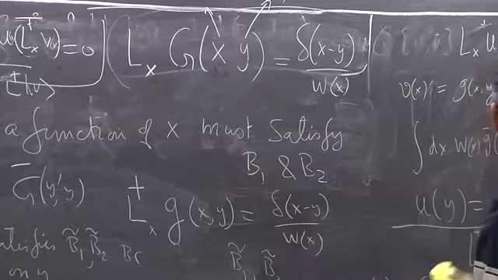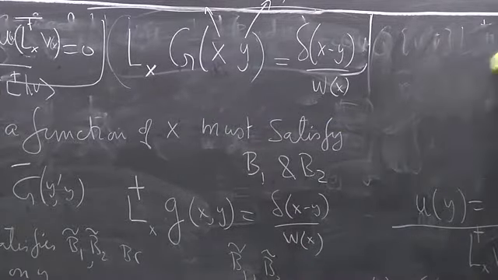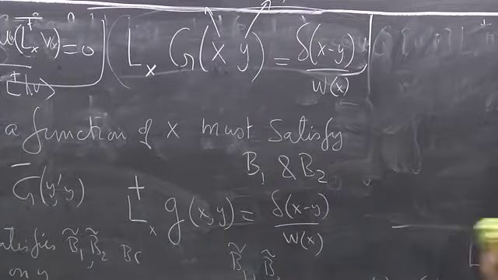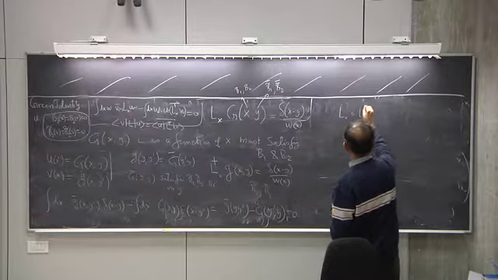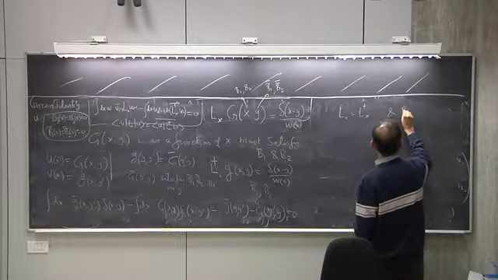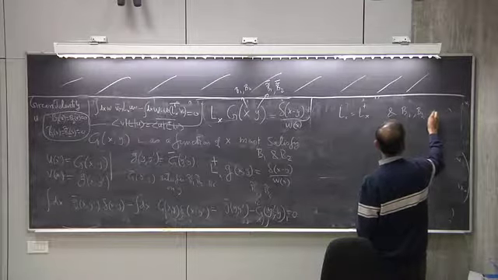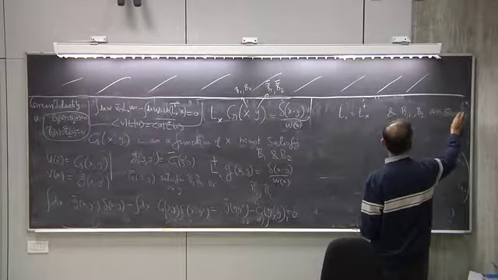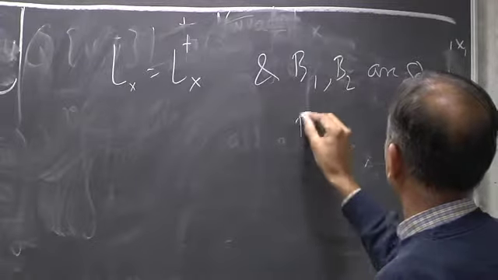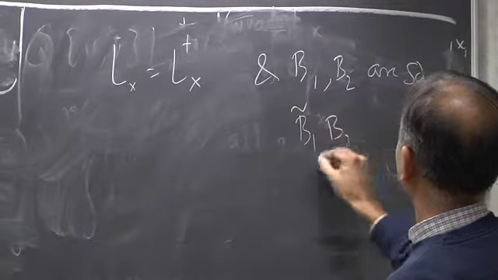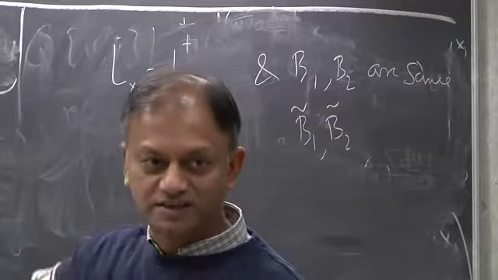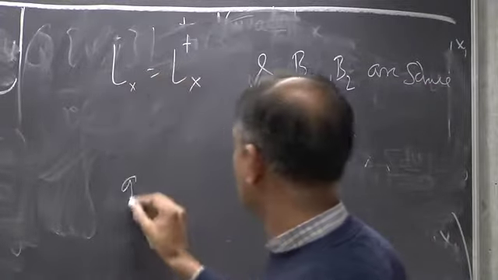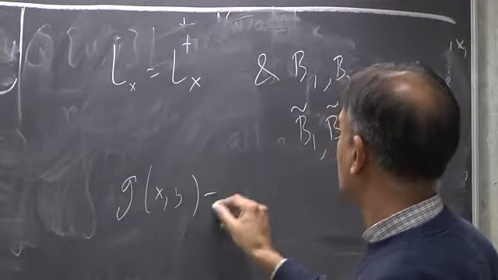For the Hermitian case, I just write that down. If L is Hermitian, Lx equals L dagger x, and B1, B2 are the same as B1 tilde, B2 tilde; that is when you call the operator Hermitian. In that case, there is no difference between these two equations, so g of xy equals capital G of xy.